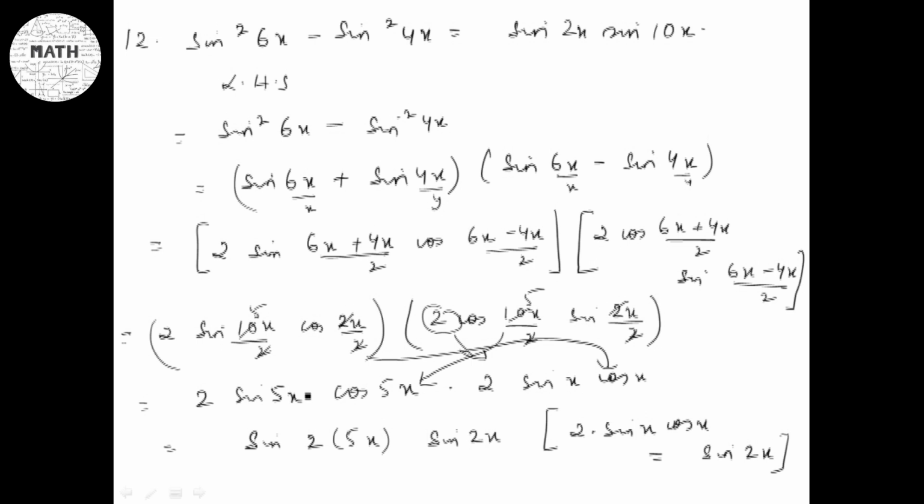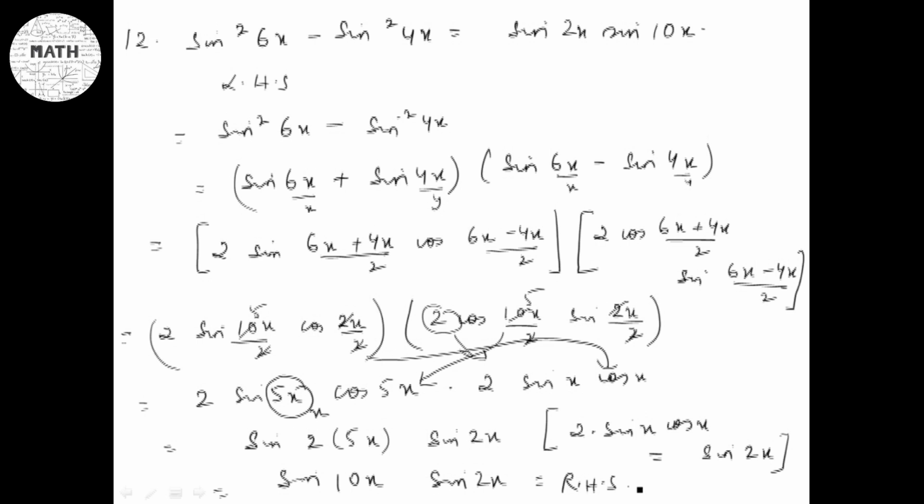So I'm taking this one whole thing to be your x. So 2 sine x cos x is nothing more than sine 2x. So that will be sine 10x sine 2x, which is equal to your right hand side. So that's how we're going to do your question number 12.